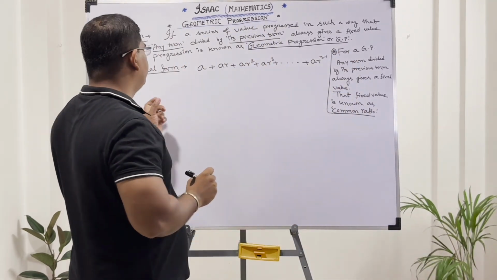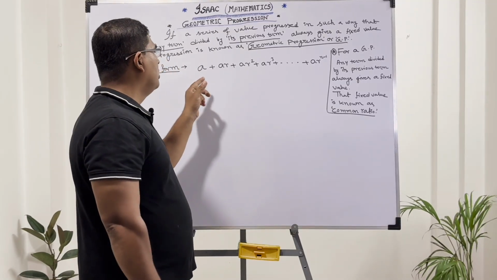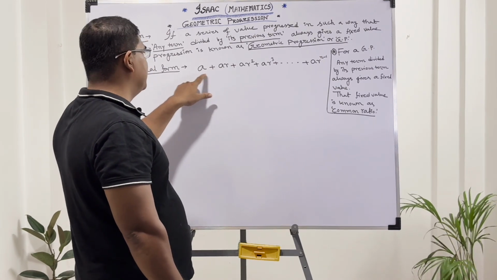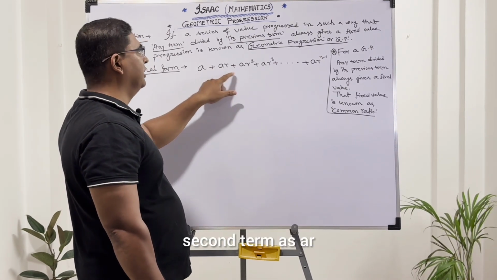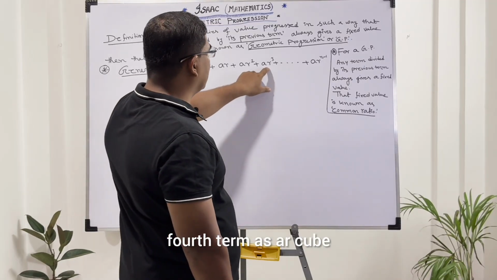So here, for the general form of GP, we write the first term as A, second term as AR, third term as AR square, fourth term as AR cube.